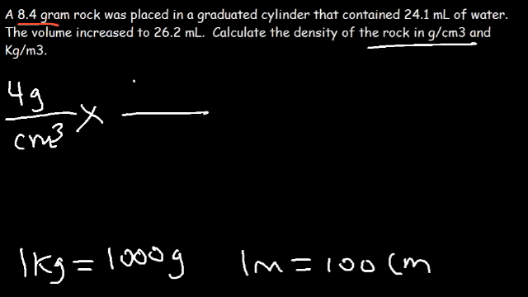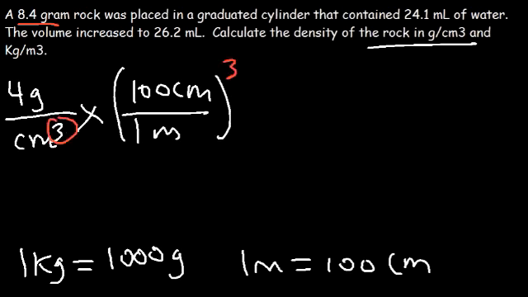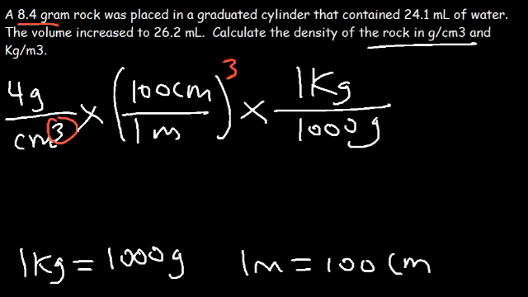So let's convert it. So there's 100 centimeters in a meter, but we need to raise it to the third power because of the 3. And to convert grams to kilograms, there's 1 kilogram per 1,000 grams. So the unit grams cancel, and cubic centimeters will cancel as well.